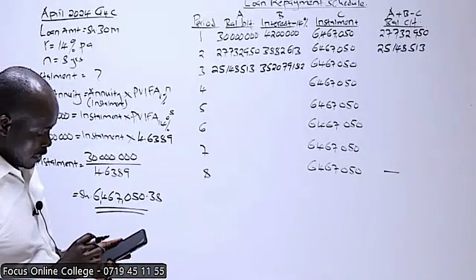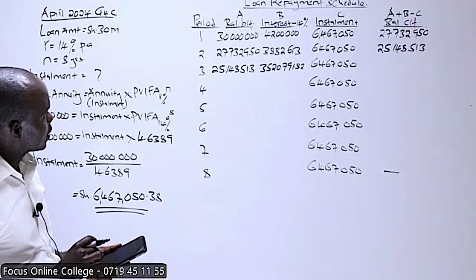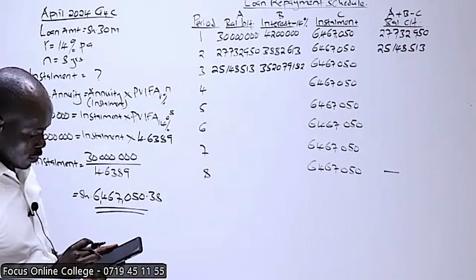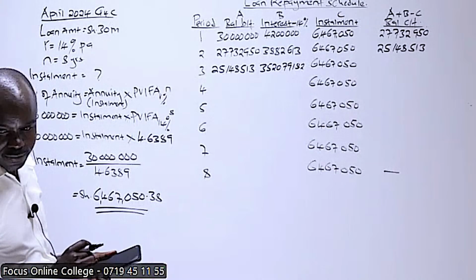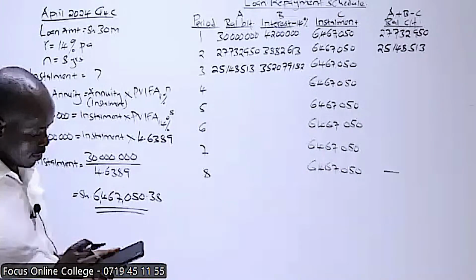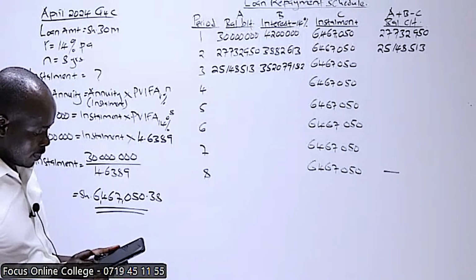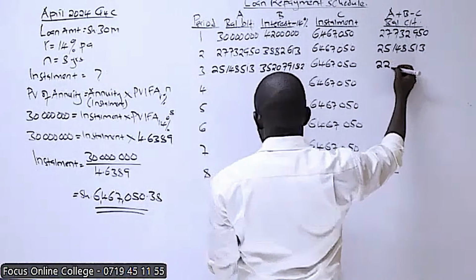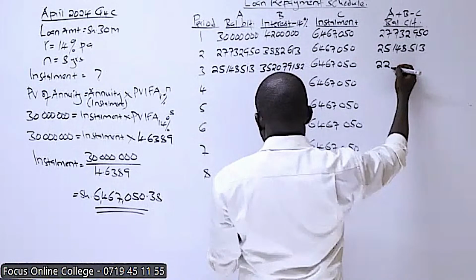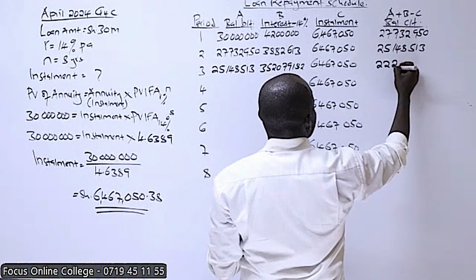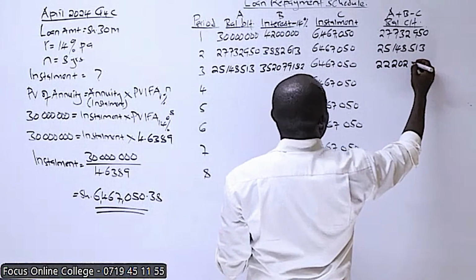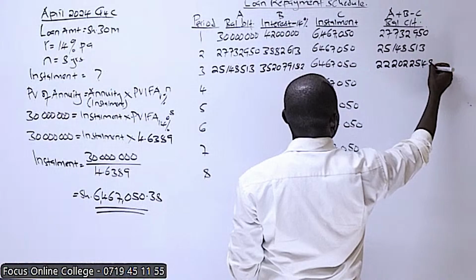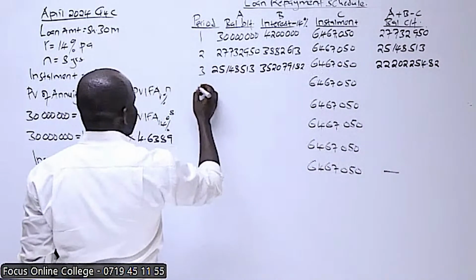So then plus 25, 148, 513, minus the installment, 64, 67, 050. So here I'm getting 22, 202, 254.82. That is what we bring forward here.